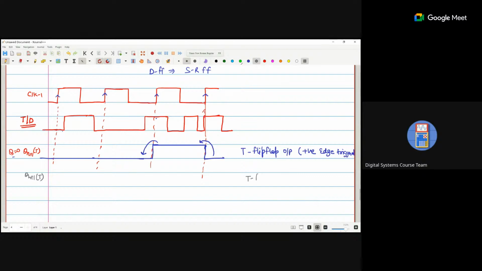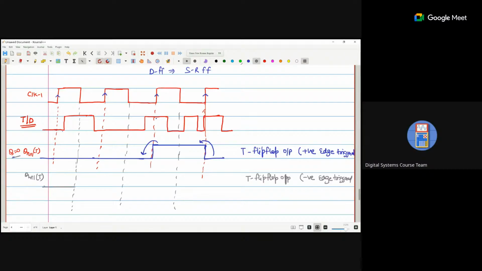Second, Qn plus 1 for T. Now I am taking the T flip flop output with the negative edge. The negative edge will be coming here. My previous output is 0.